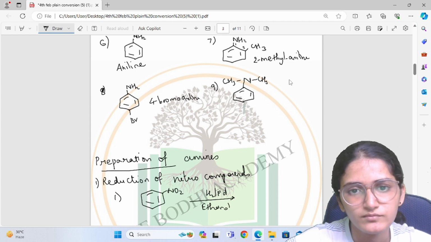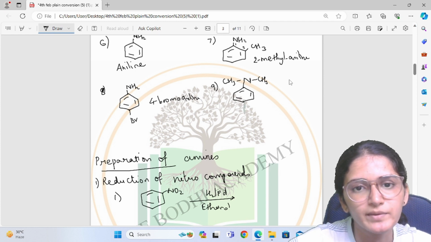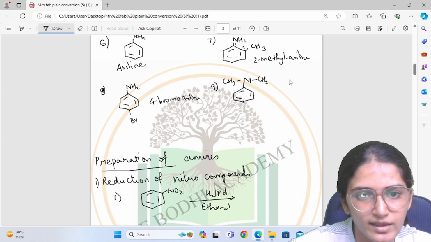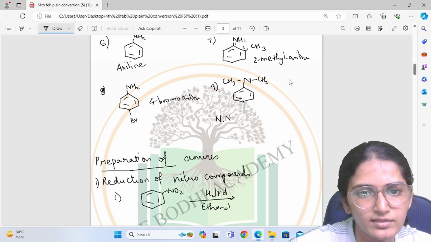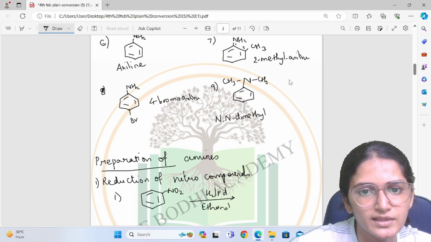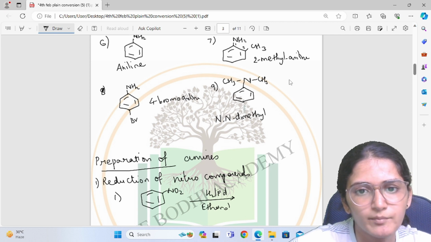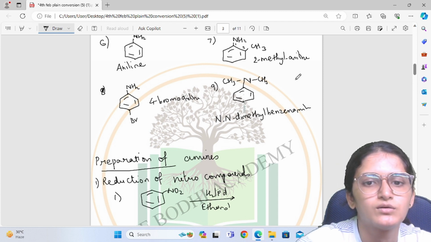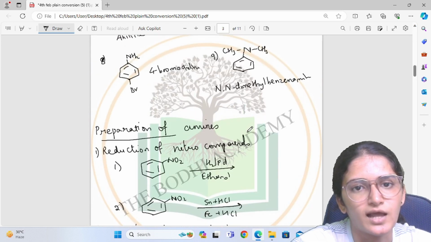Now our main group will be the benzene. So here the name will be N,N-dimethyl benzenamine. Okay, so this is the name of the last one.